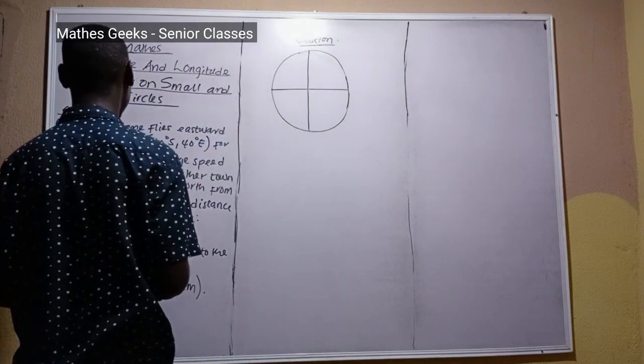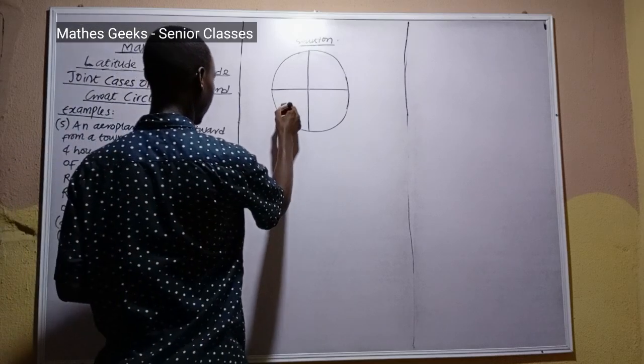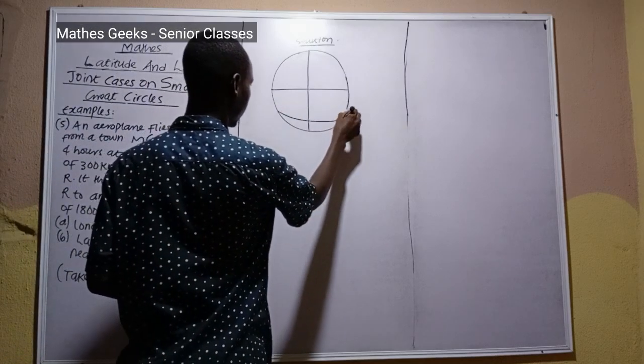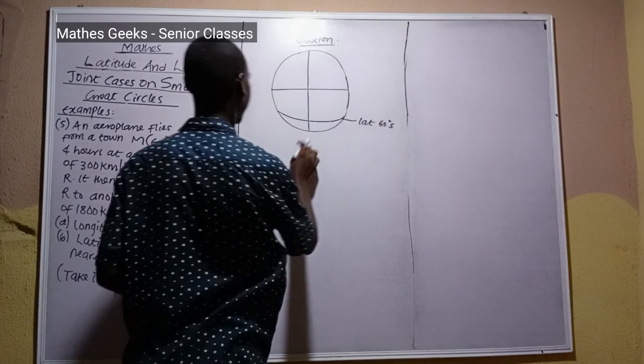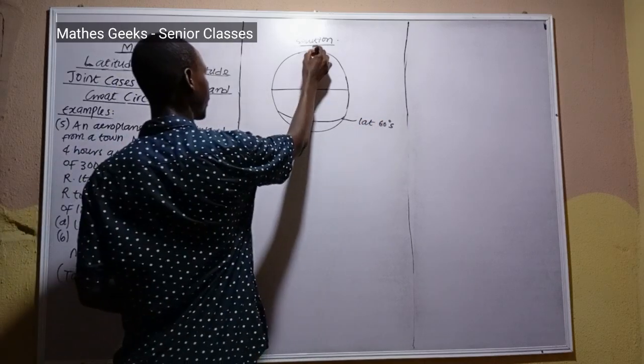An aeroplane flies eastward. Point M is at latitude 60 degrees south and longitude 40 degrees east.